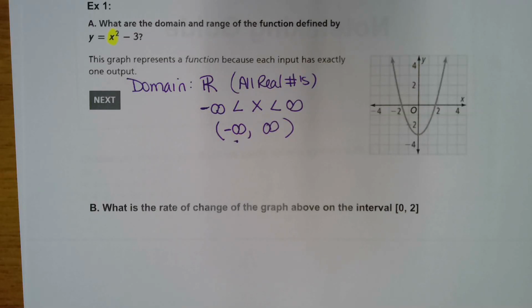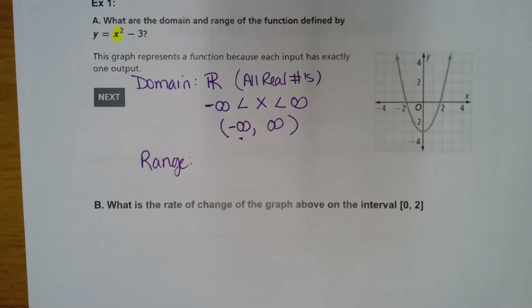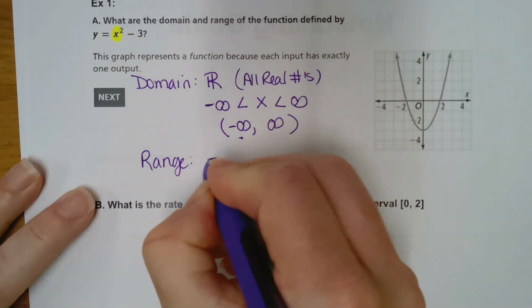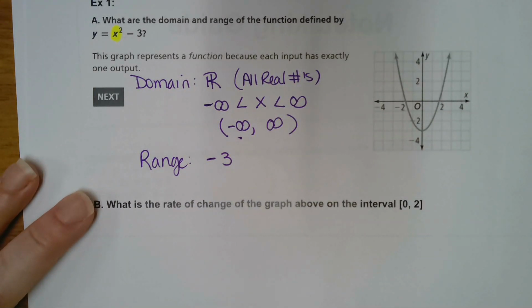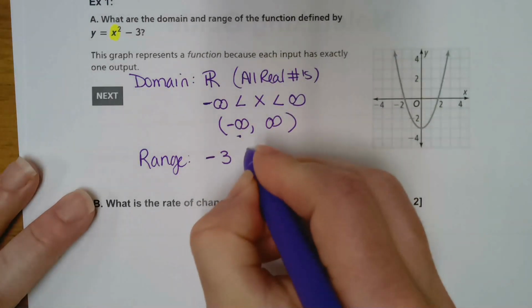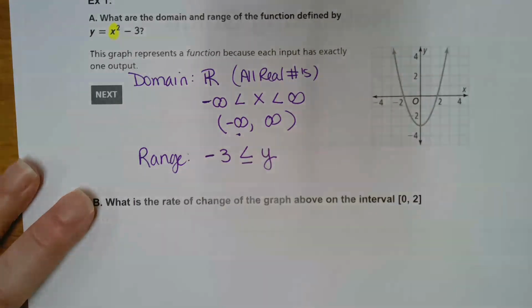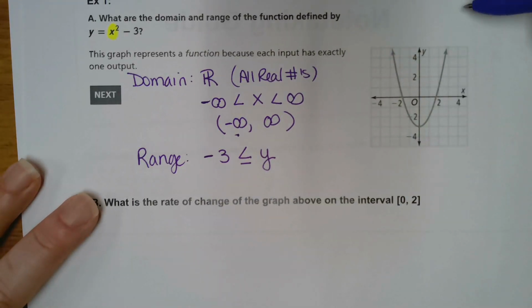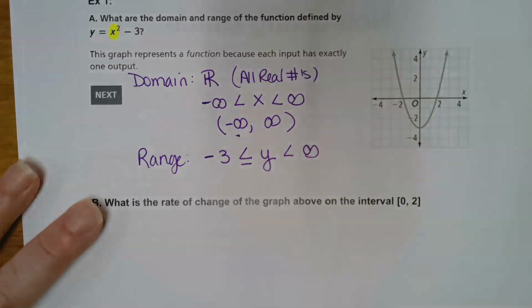So the ways that I could describe that for range then, I would not use the symbol all real numbers because it's not all real numbers. As an inequality, I would say the lowest is -3, and we're talking about y values now. So I would say -3 is less than or equal to y, but then it goes up forever, so I would write y is less than infinity.